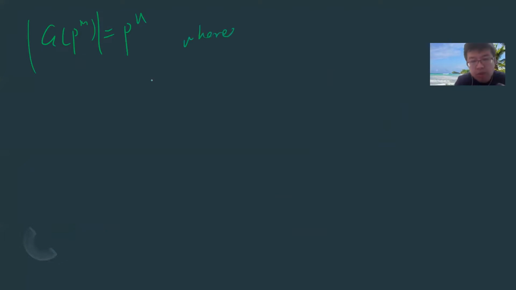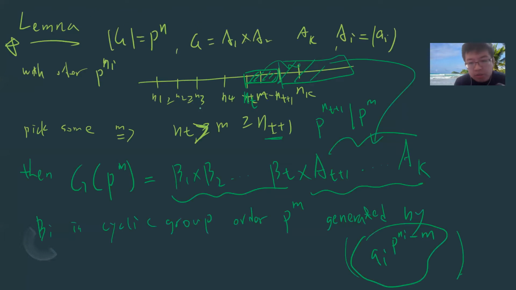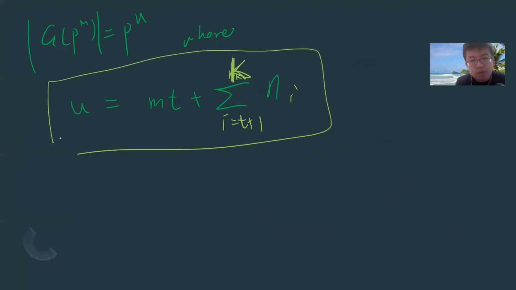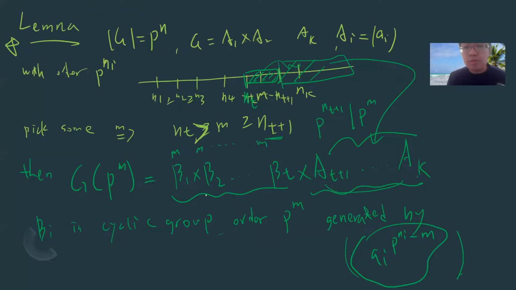You just take U, and you get U equals M times t, because these are all groups with order p to the M, plus the rest, which is the sum of Ni for i from t+1 to k.